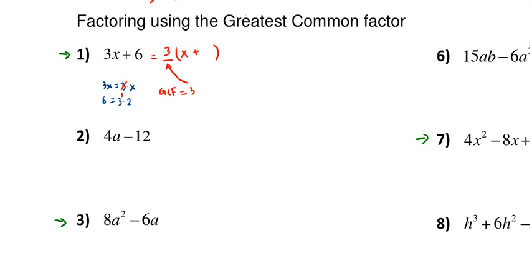Taking out the 3 from the 6, what do I have left? I have left a 2. That 2 goes here. So that when I multiply 3 times x, I get 3x, and 3 times 2, I get 6. So that's the factorization of 3x plus 6.